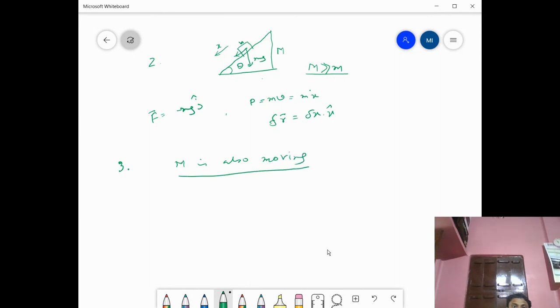Then you can apply D'Alembert's principle. How can we apply it? Then there are two particles, right? For particle 1, say delta x is the displacement. For particle 2, I consider this y.